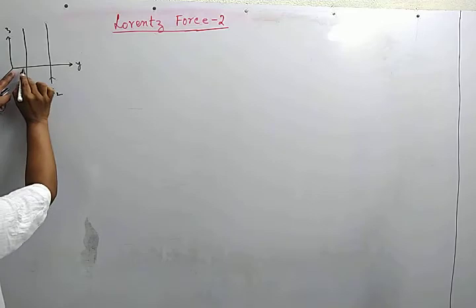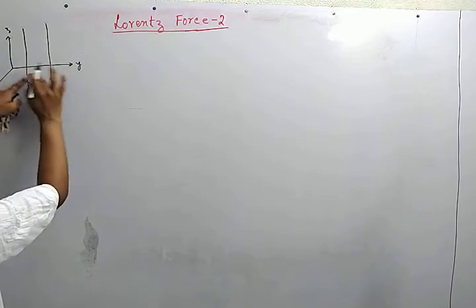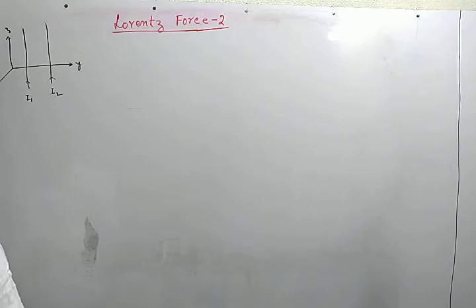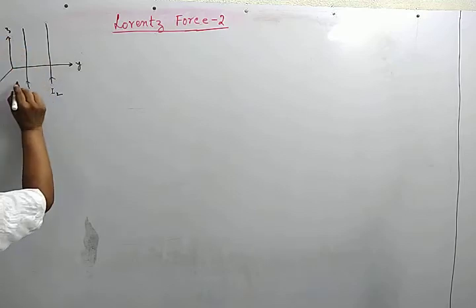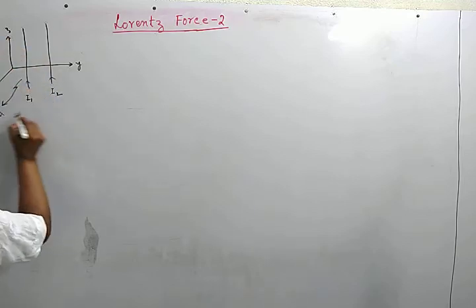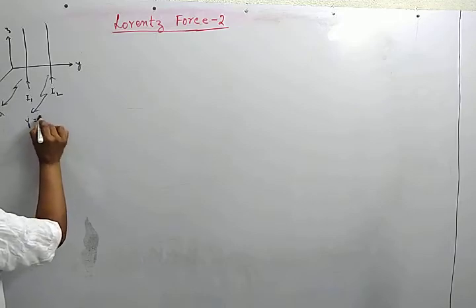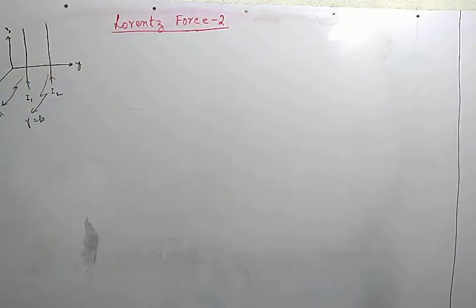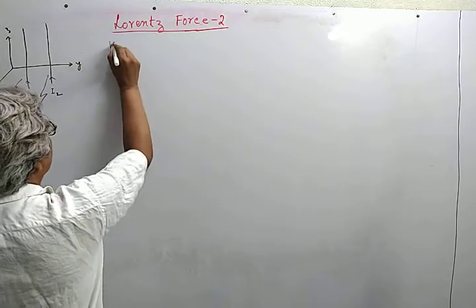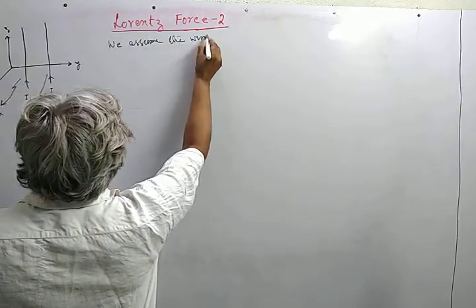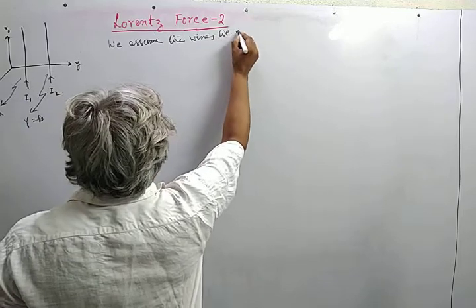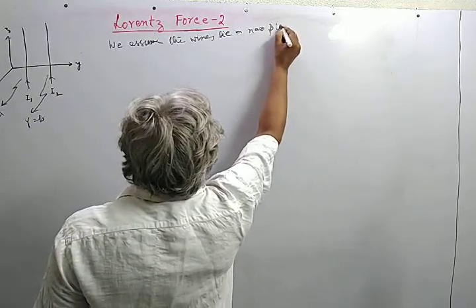along the z-axis this separation is a and this separation is b, so the separation between these two is b minus a. So this is the y equals a line, and this is the y equals b line, and we assume that the wires lie in the x equals 0 plane.